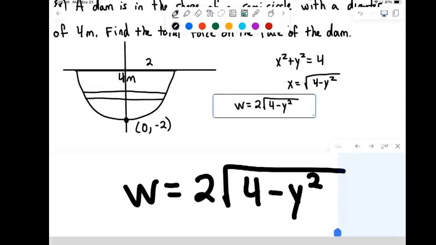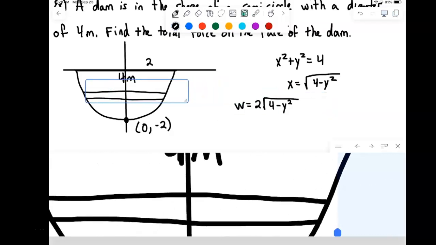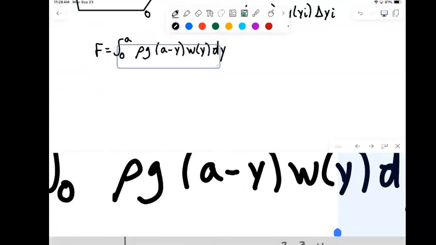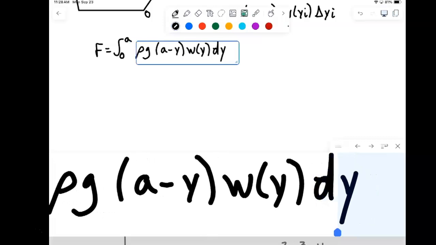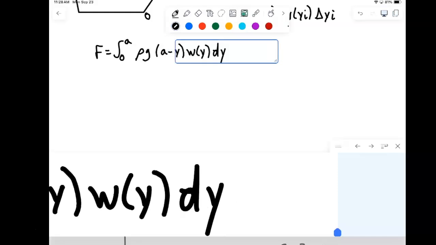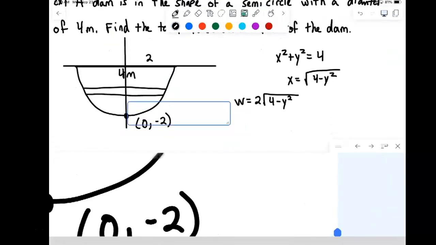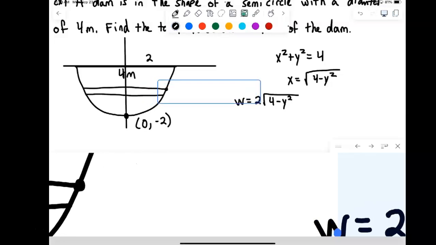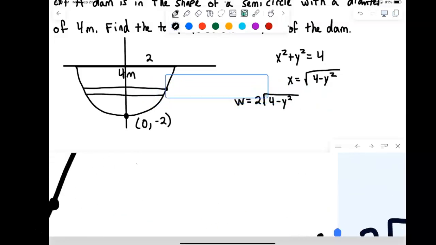All right. And so now we can start computing our total force. Remember, force is just rho g times the depth times your width. Again, it was a minus y because that was the depth there. Here, if we're at some point, the depth is not going to be a minus y.